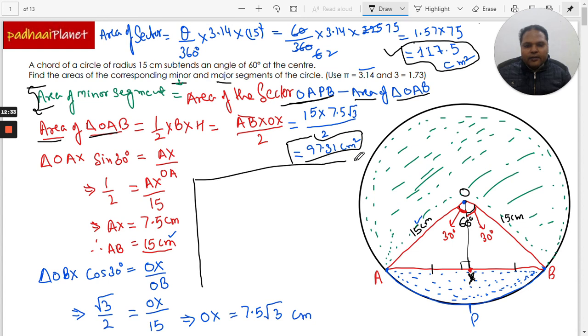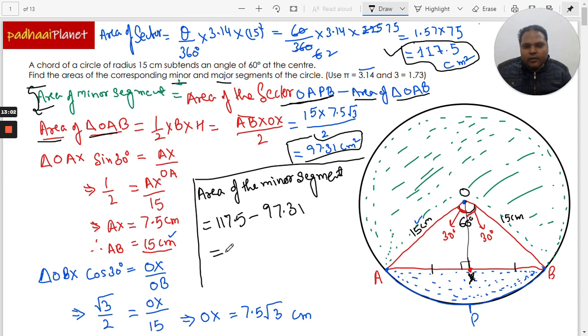The area of the minor segment is equal to the area of this sector, which is 117.5, minus 97.31.